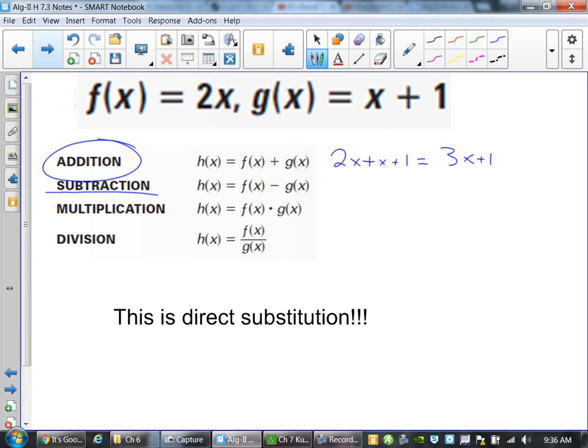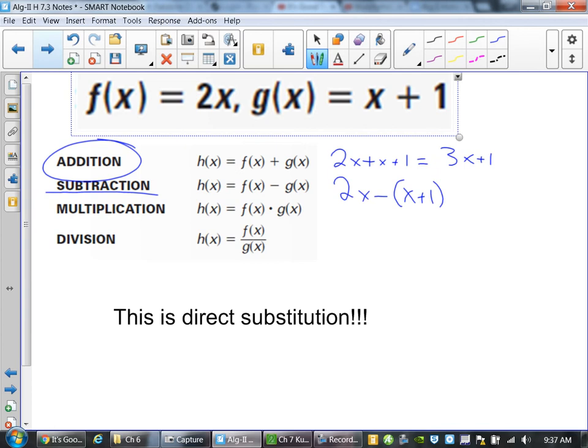Now, when you go to subtract, though. Oh no, this doesn't sound good. Oh, it's not that it doesn't sound good. Notice how they read it out. F of x minus g of x, which means you have to subtract the whole thing, which means you have to distribute this subtraction. And that's usually what you guys would forget. What happens here is you're subtracting that secondary function.